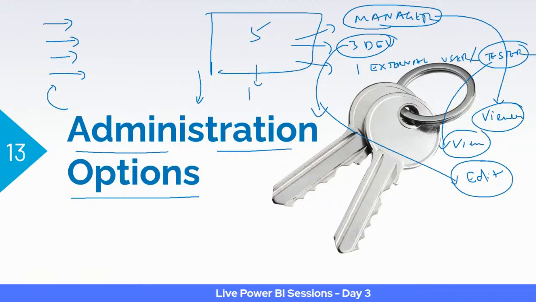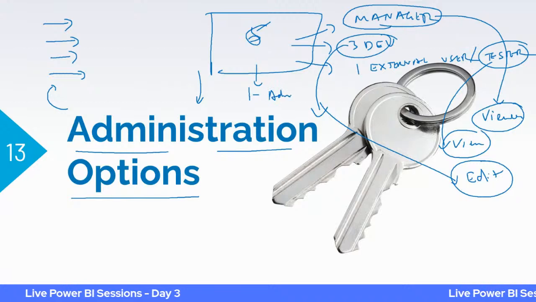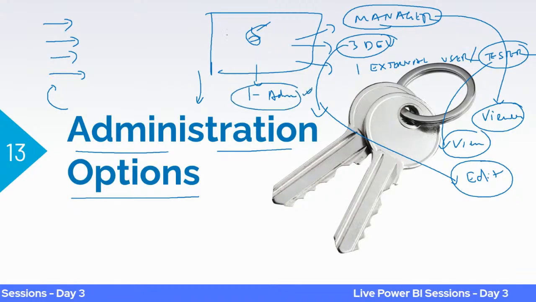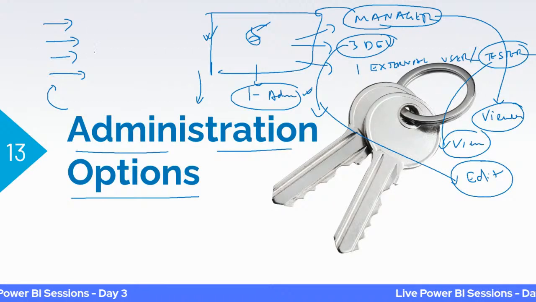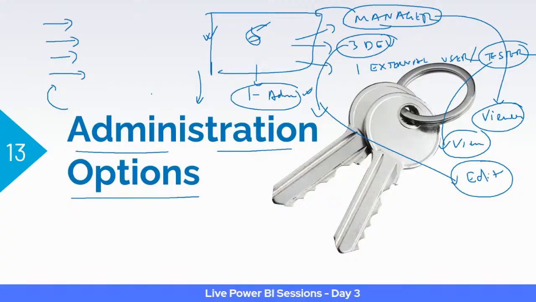And there is another person, maybe a sixth person, who will be an admin. That means he or she has created this workspace, maybe somebody senior to your manager, or maybe your manager as well. The whole idea is there are different options that can be given to administer.